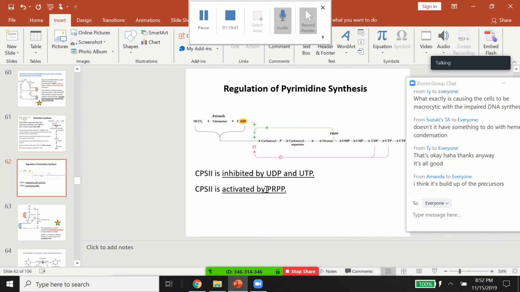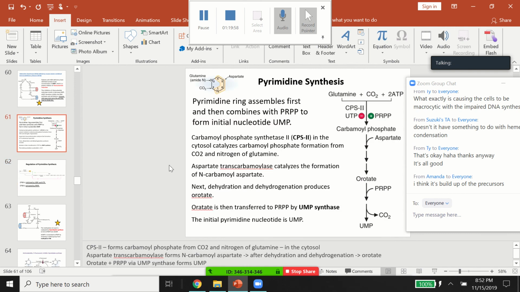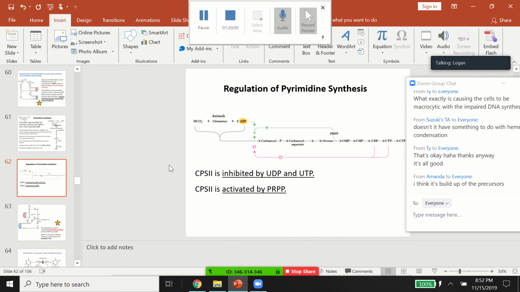It makes sense for that to activate CPS2 in order to continue the process, right? Now with CPS2 inhibition by UDP and UTP, it makes sense why you wouldn't want to form more UMP if you already have basically the more advanced version of UMP. So it's similar to what we already mentioned with purine synthesis.